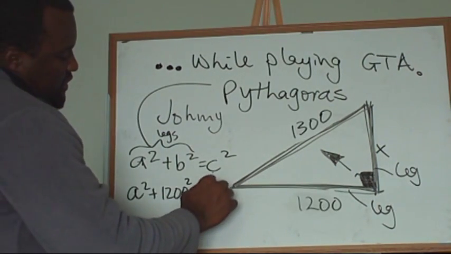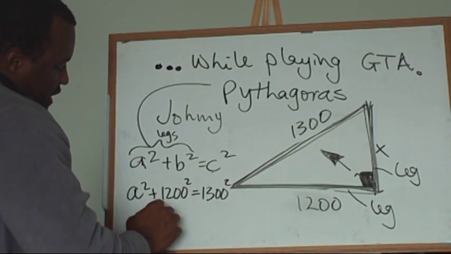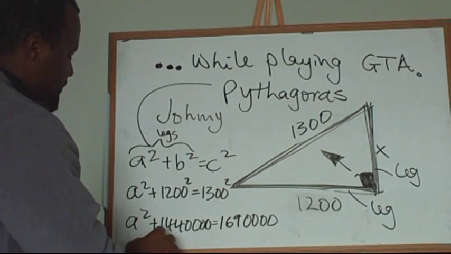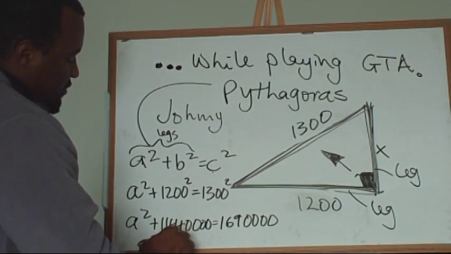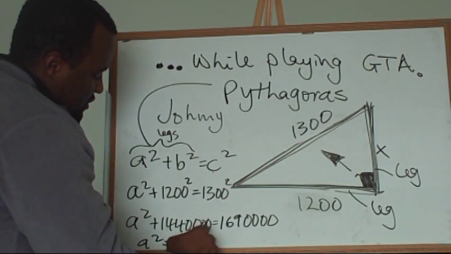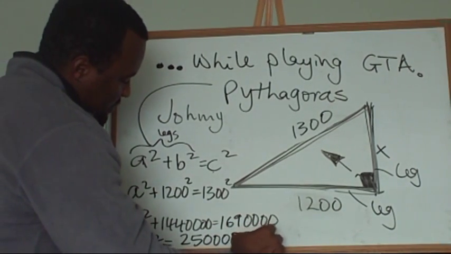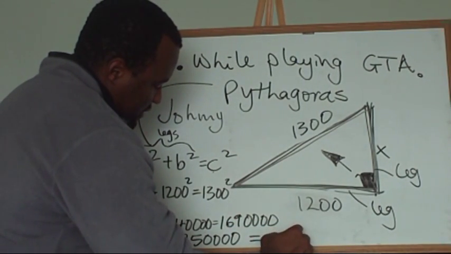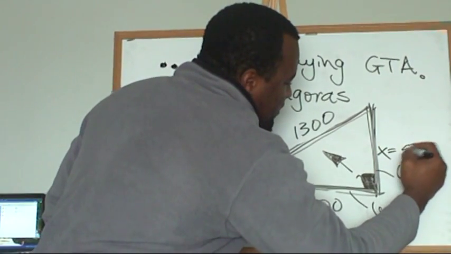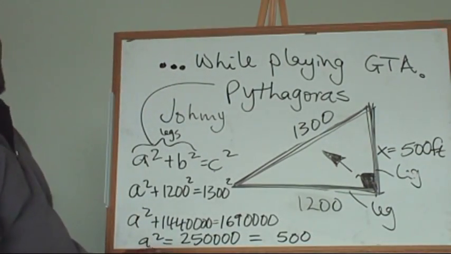So when you plug in the numbers, you got 1,300 here, a squared plus 1,200 squared. a squared would be the difference between these two numbers, which is 250,000. So a would be 500 feet away. Ain't that nice?